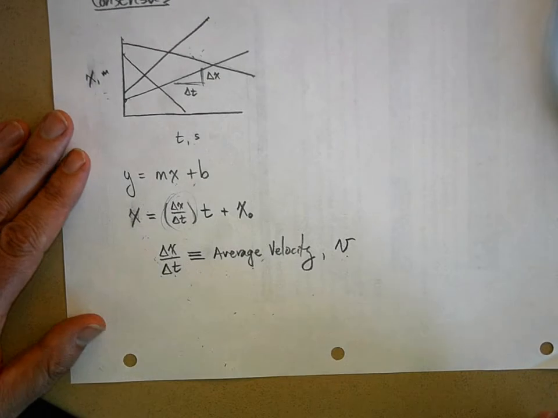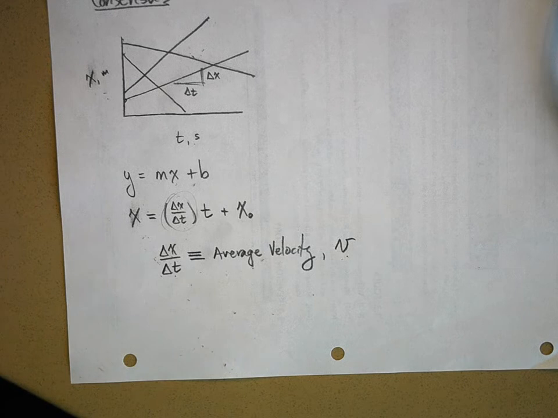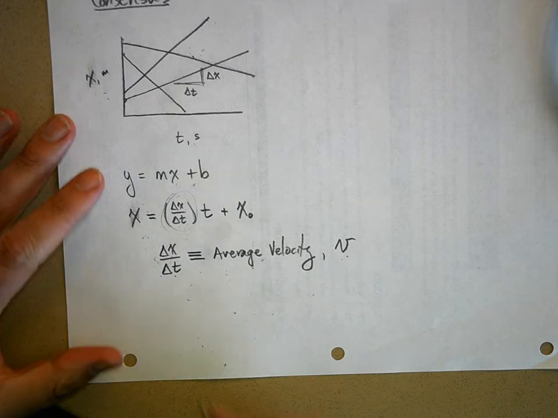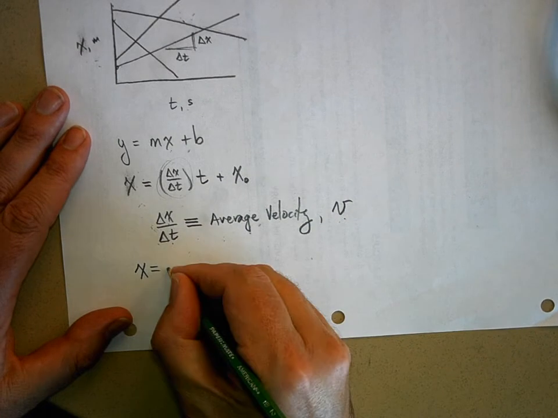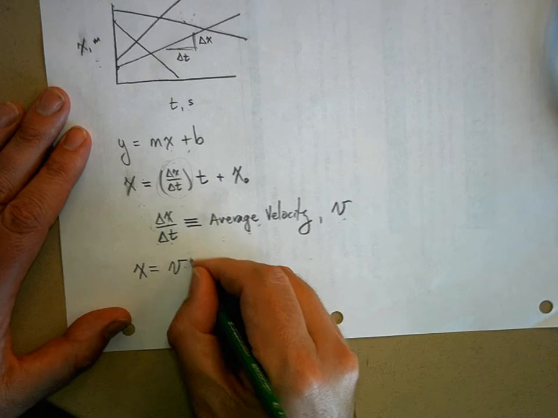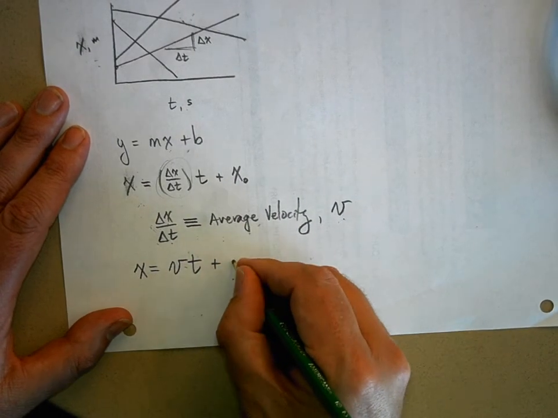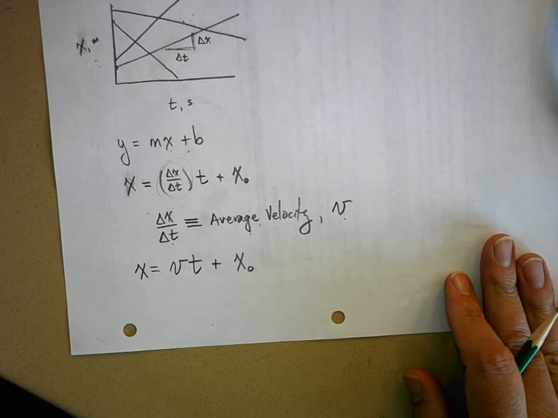So we have now a mathematical model for all objects that move with a constant velocity. x equals the velocity times time plus my starting position.